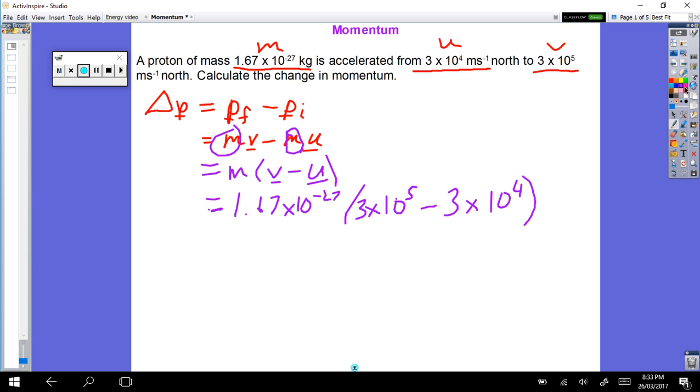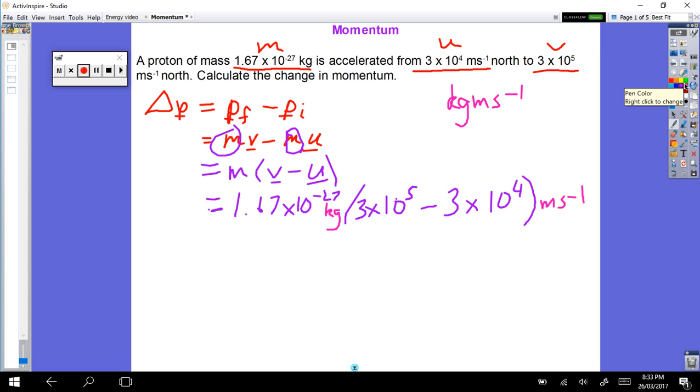Now, units for momentum: you've got a mass here, so that's kilograms, and you've got the velocities, which are meters per second. So momentum is always kilograms meters per second.